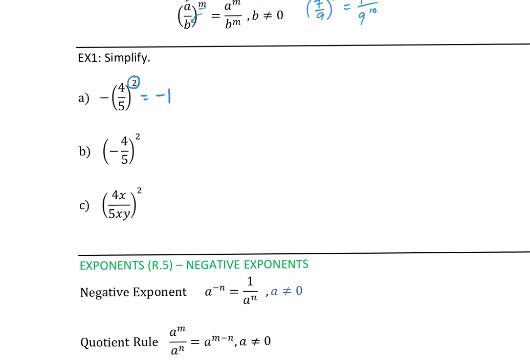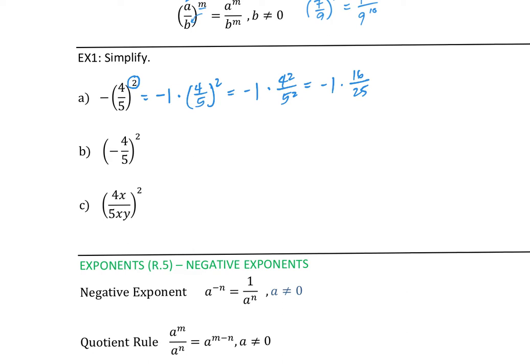This is the same as negative 1 times 4/5 squared, which is the same as 4 squared over 5 squared. You don't have to write all this. I'm just using the properties, which is negative 1 times 16 over 25.